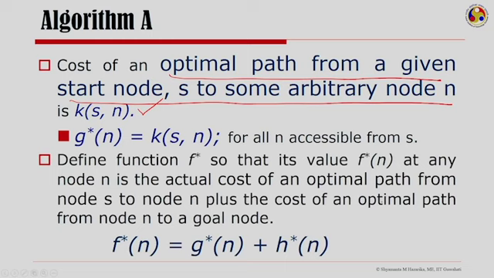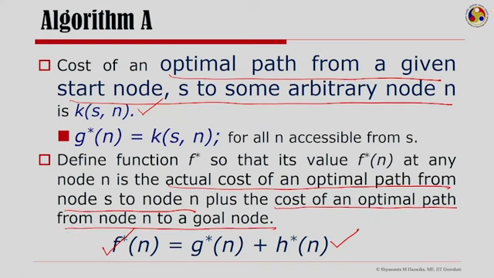and together with h star n we define f star n, which is the actual cost of an optimal path from node S to node n plus the cost of an optimal path from node n to the goal node. So, it has two things that I had just now told you in the previous slide.